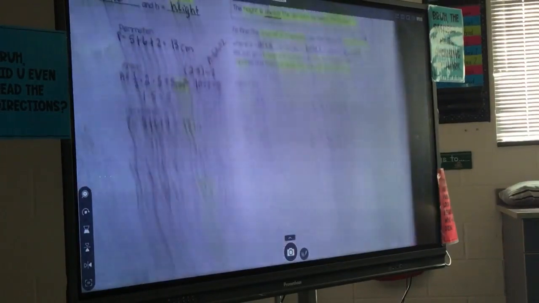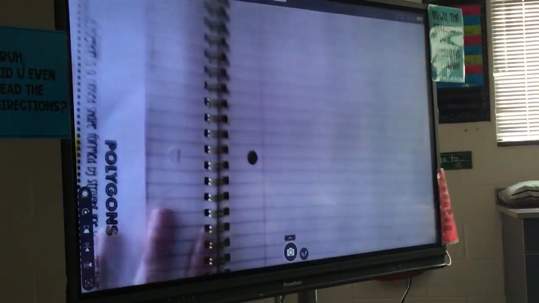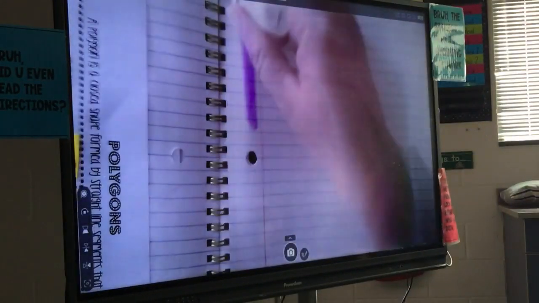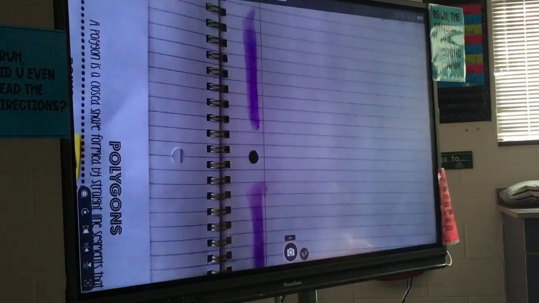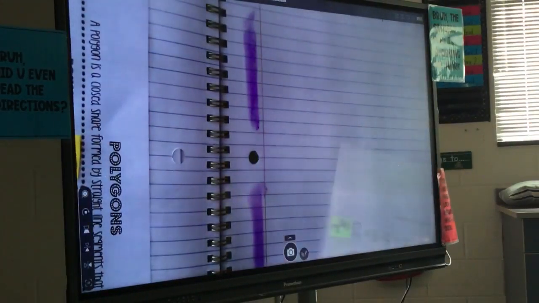Okay, the way that I want you to glue this in, you're going to put glue a little bit on the inside, because there's a lot of information on here, and you want to make sure that you don't cover any of it up.